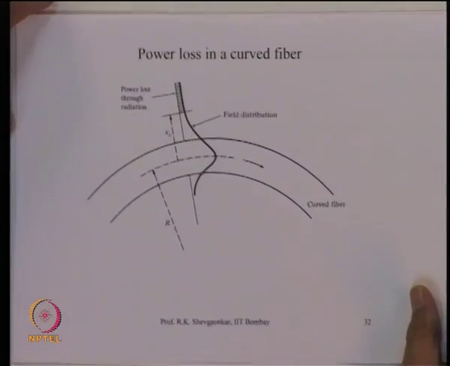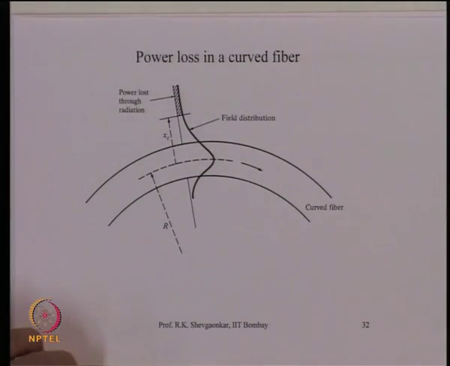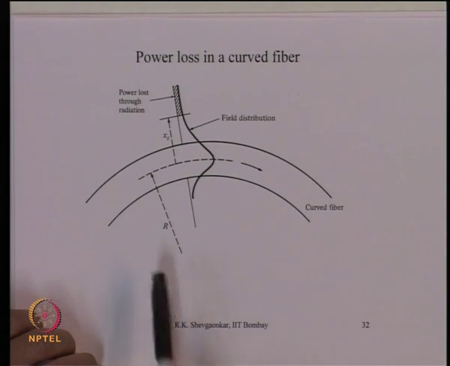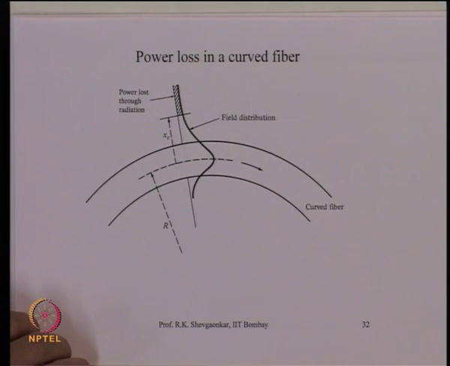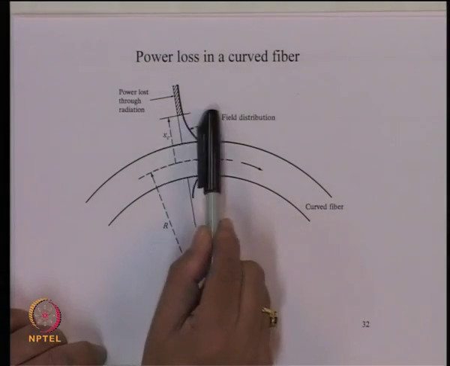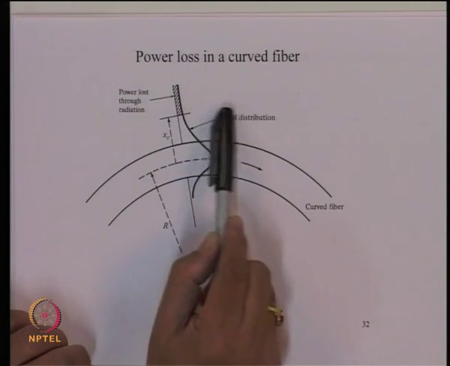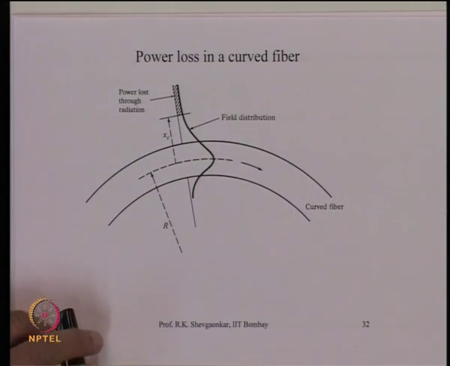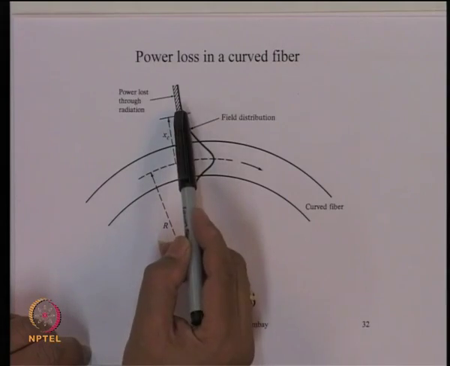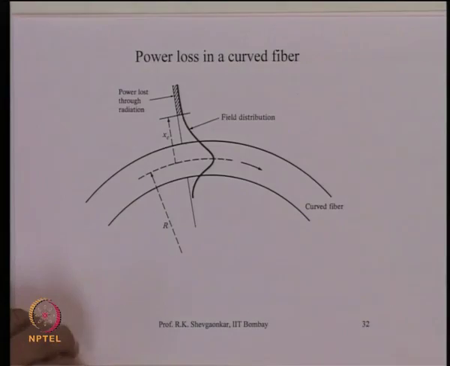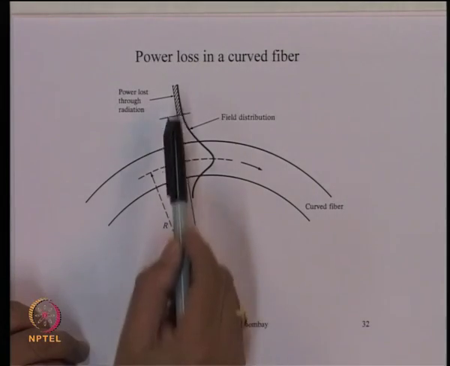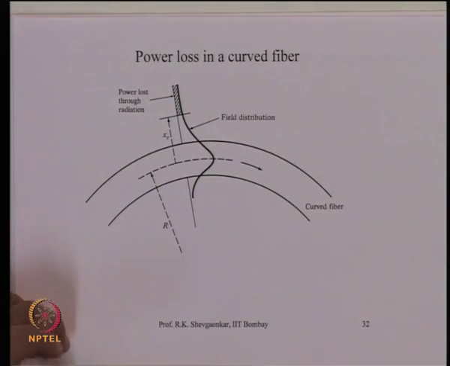Let us say I consider a modal distribution which is something like this. This is the distance at which the velocity becomes equal to the velocity of light in that medium. What that means is that the energy in this region, shown by this hatched region, cannot propagate along with this mode, because it requires a velocity greater than the velocity of light in that medium.